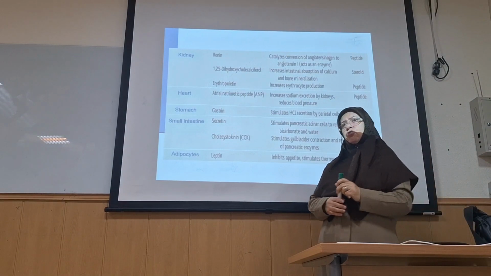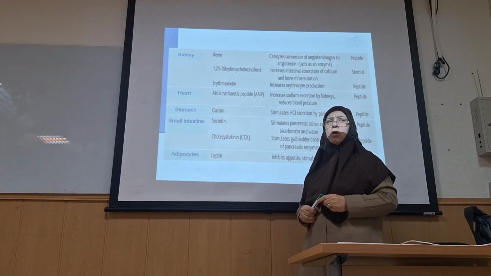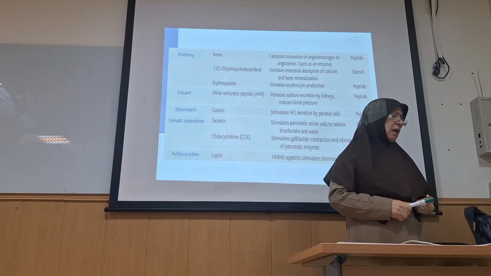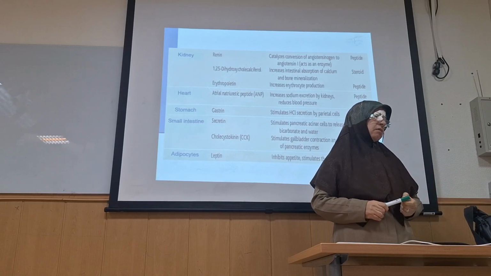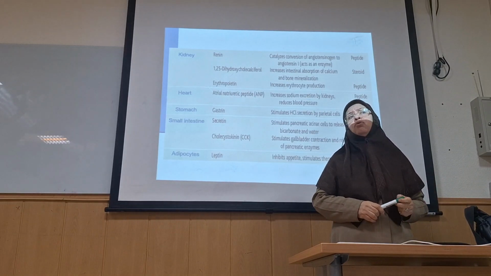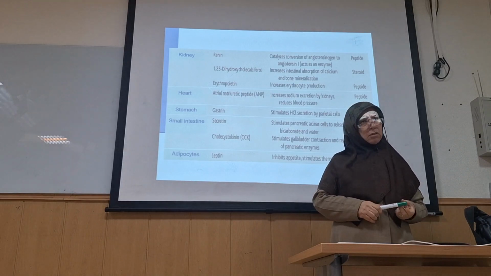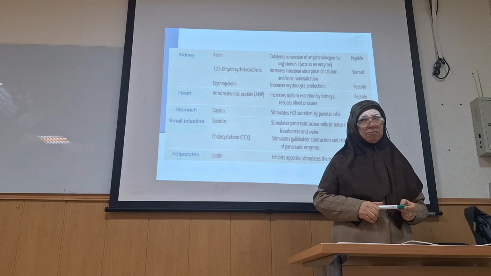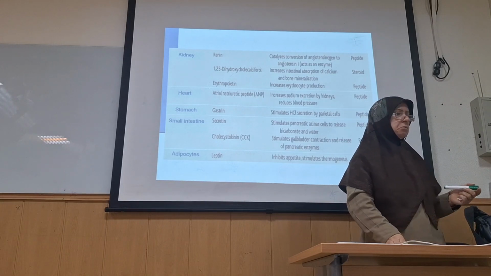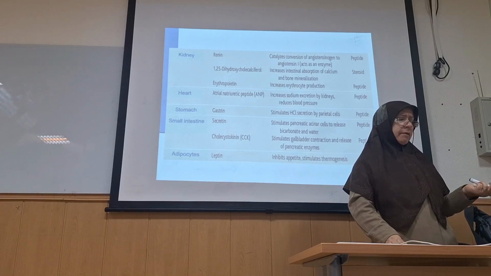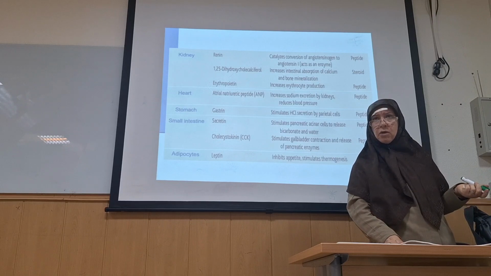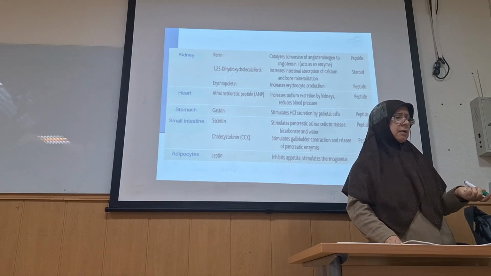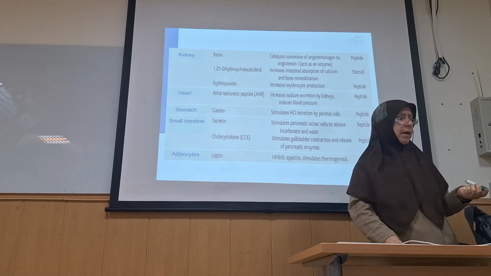And about other tissues. We have some tissues that can produce hormones, but they are not classical. For example, kidney, stomach, small intestine. You studied about hormones of the stomach.